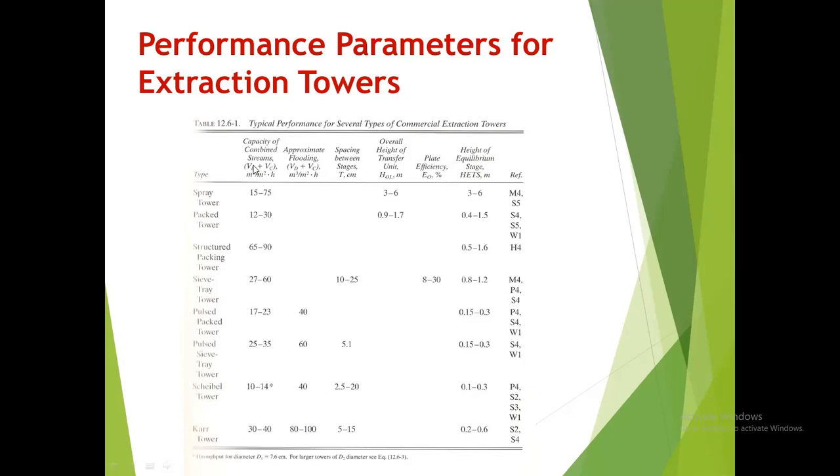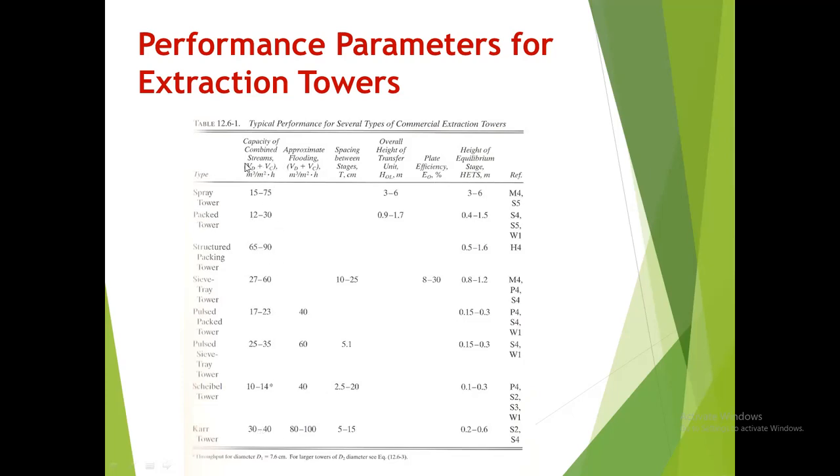So the sum of the halves of the VC and the VD will be the one written here in the range. For packed towers, it should be within this range of 12 to 30 cubic meters per square meter per hour. For spray towers, you have 15 to 75, and so on and so forth.